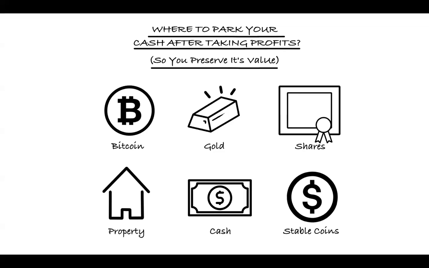So obviously, profiting off crypto and then holding it long term in Bitcoin, in gold, or in property are no-brainers. As I said before, shares are another option. I'm not personally as big on it, but that is another option as well. Having cash on hand as dry powder is a great option.